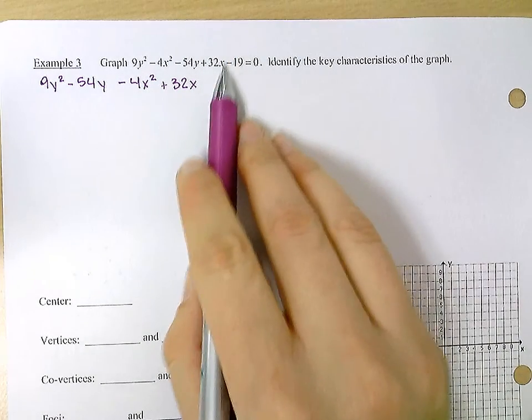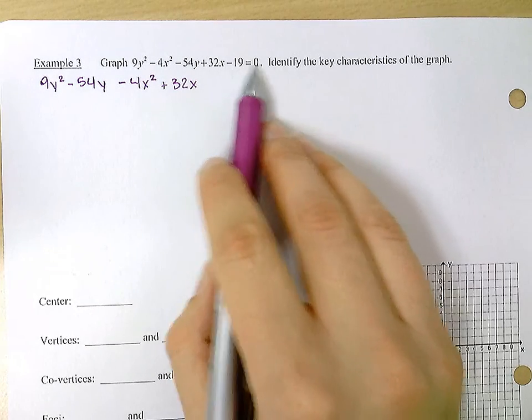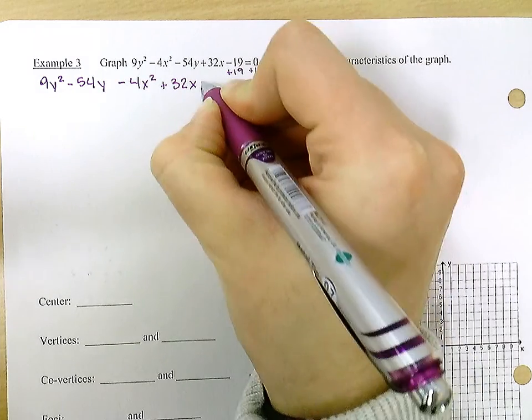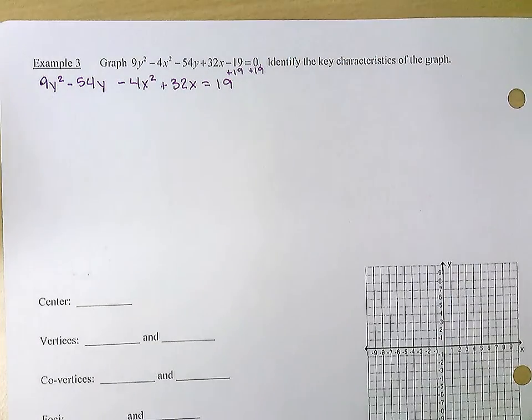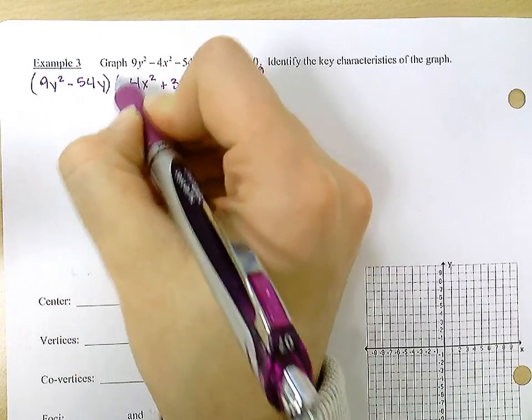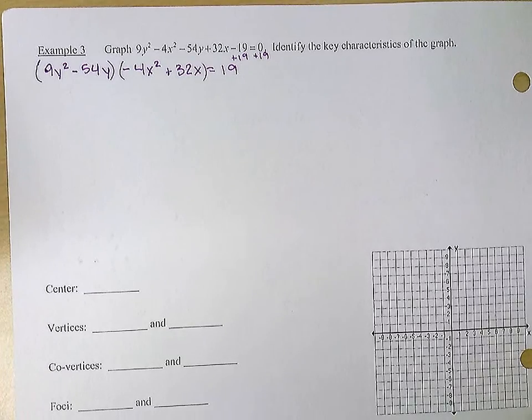Okay, and then I do have this constant of minus 19 here. I want to add that to the other side so that this is equal to 19. Okay, that way this part is grouped and this part is grouped, because I want to complete the square for both of those pieces.